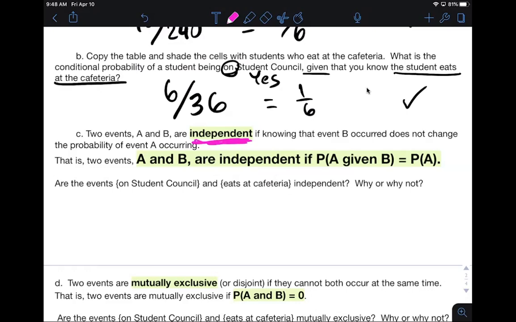These two events, A and B, are independent if the probability of A given B equals the probability of A. In other words, if you set up the condition that B happened first, and it doesn't change the probability of A, then that's a mathematical way to arrive at the idea that the events are in fact independent. So if the probability of A given B and the probability of A are the same number, then the events A and B are independent, all right?